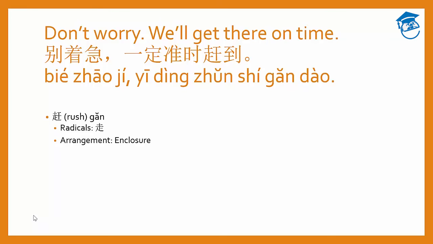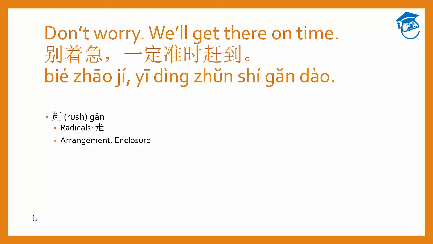Okay? And this is an adverb. It is used to describe a verb. Okay? 赶到. You have learned 到 is to arrive and 赶 is to rush. Okay? So 赶到 is to rush and to arrive, which is like to rush somewhere.